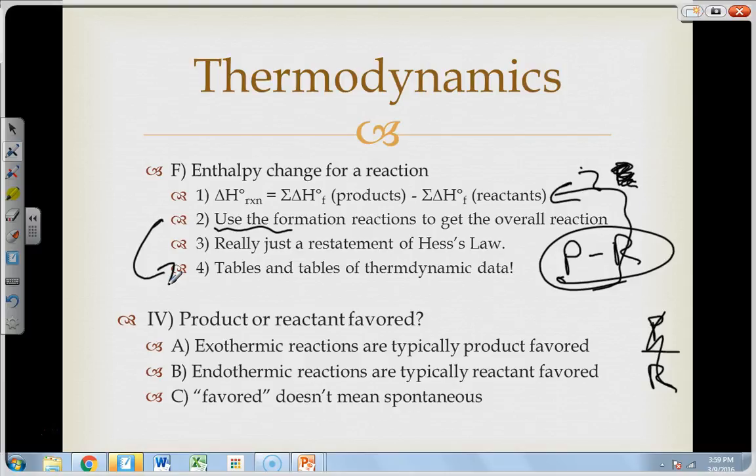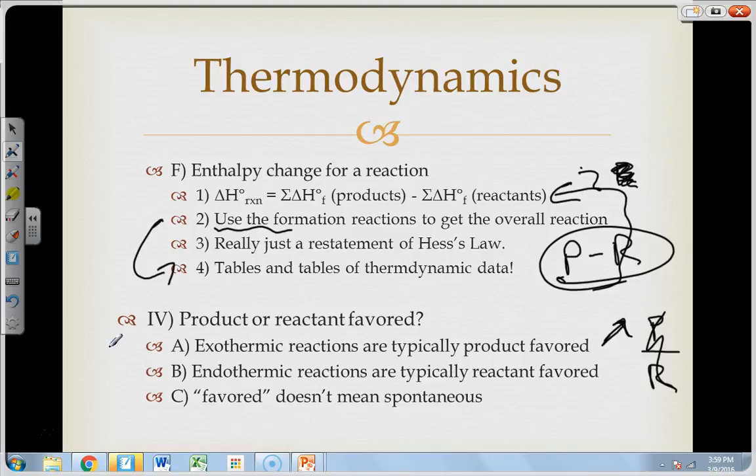But how do we know if a reaction is product favored or reactant favored? Typically, exothermic reactions are product favored. If you're giving off heat, reactions like to lose energy. It's not that they do it all the time, but you're more likely to get a product-favored reaction if you have an exothermic reaction.